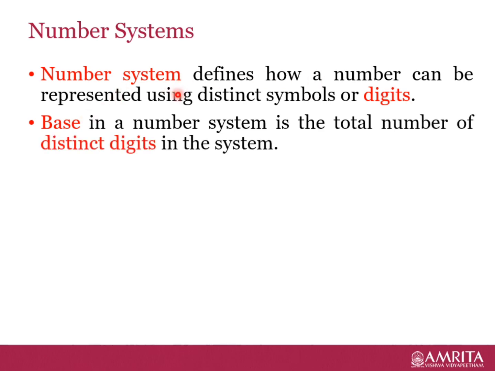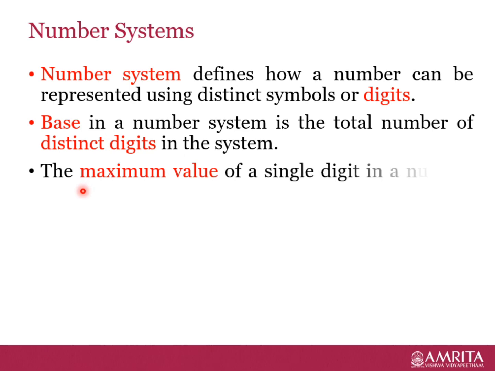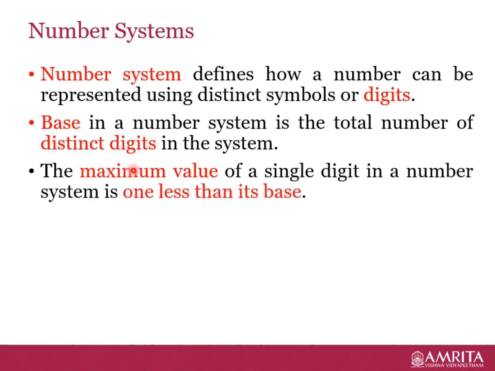Digits are the basic building blocks using which the entire set of numbers in that number system are generated. It is somewhat similar to a letter in an alphabet. And base in a number system is the total number of distinct digits in that particular number system. And the maximum value of a single digit in a number system is 1 less than its base.